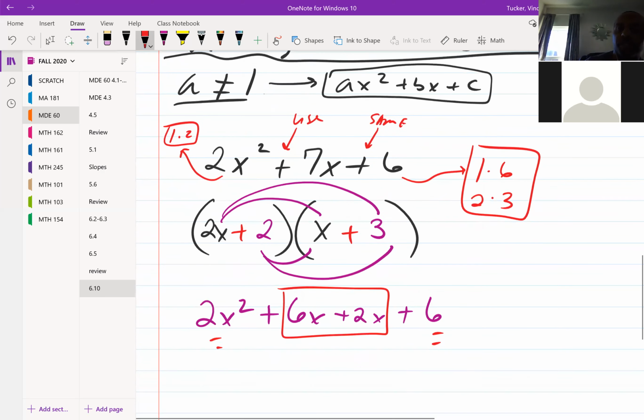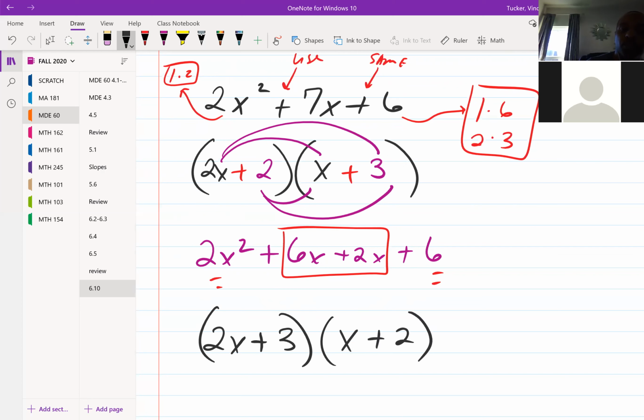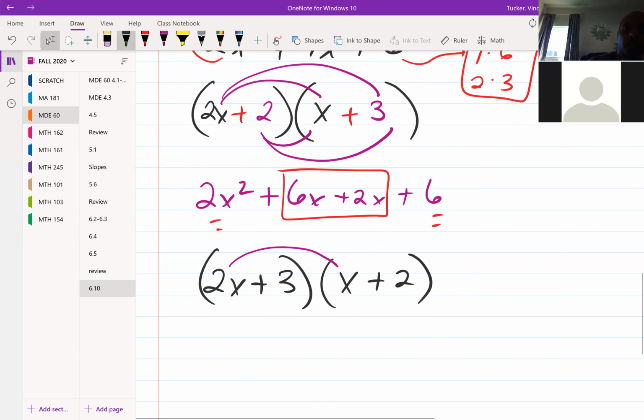So what you can do is say, okay, well, let me switch my terms. If I have 2x, because my numbers are fine, I get the 2x squared on the outside and the 6 on the outside. I need to get that 7 in the middle. So if I switch and say 2x plus 3, x plus 2, and then do my FOIL out again, 2x times x is 2x squared.